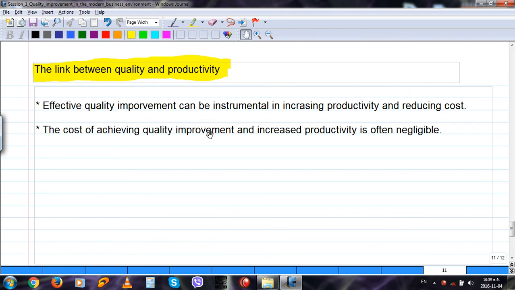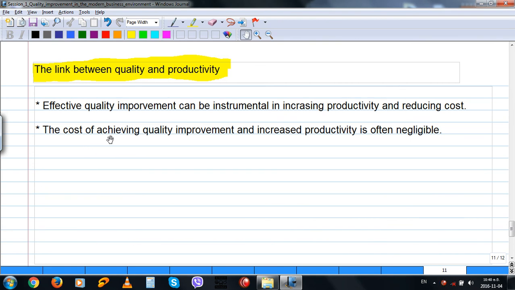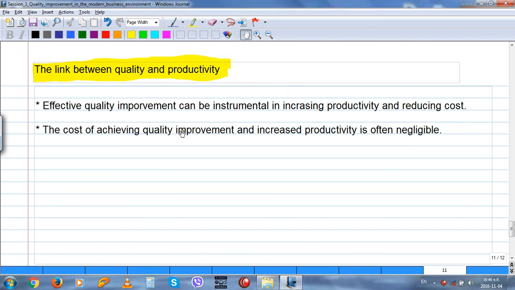If productivity is increased, then the cost is reduced. And the second feature is that the cost of achieving quality improvement and increased productivity is often negligible.